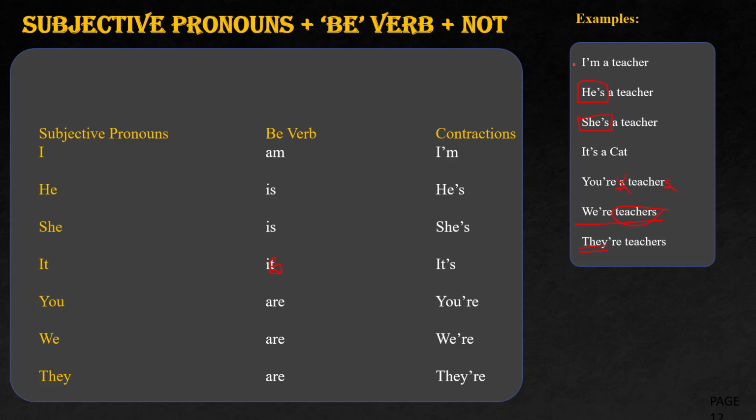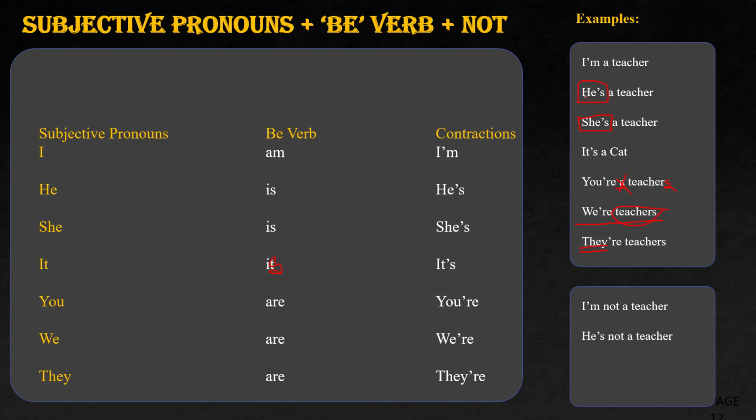Now we'll try to create negative statements for these. For example, I'm not a teacher. Now here, he is not a teacher. She's not a teacher.